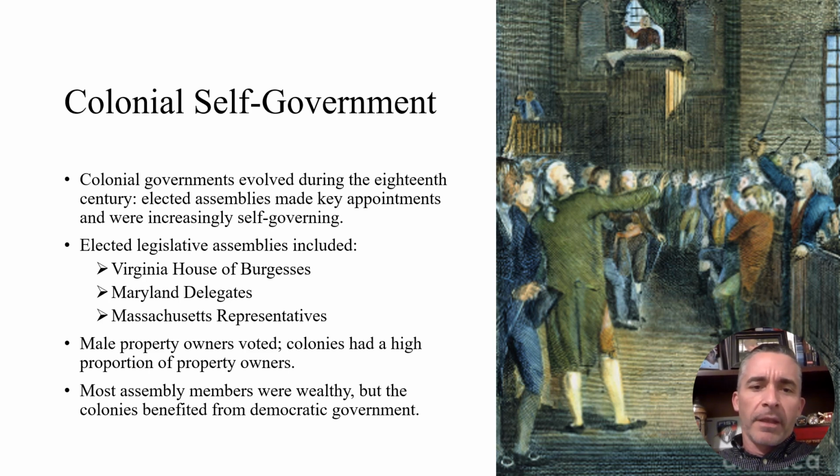Massachusetts, it was the representatives, and these assemblies consisted of male property owners, free white male property owners. They were dominated, the assemblies, usually by the wealthy, but in some cases, like in New Jersey, there were a lot of middle class men known as mechanics in the assembly as well.